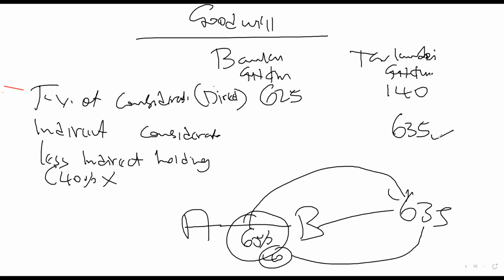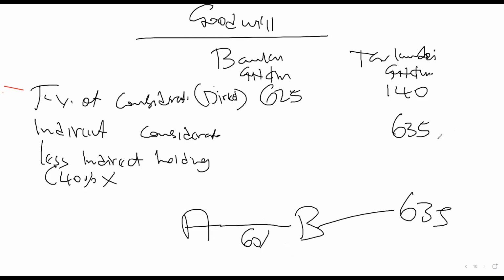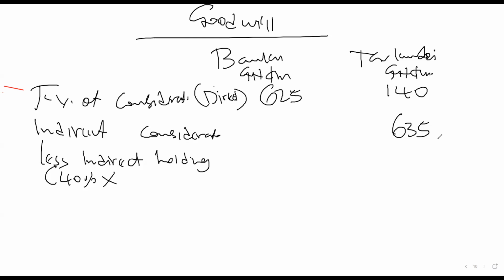I don't like that method because it will let you forget about the second entry. I love this one. So take the NCI of Boko, multiply by the consideration paid by Boko, 635. This is what you get.